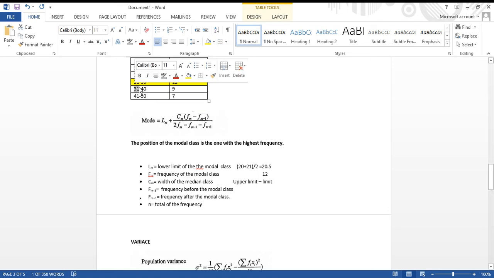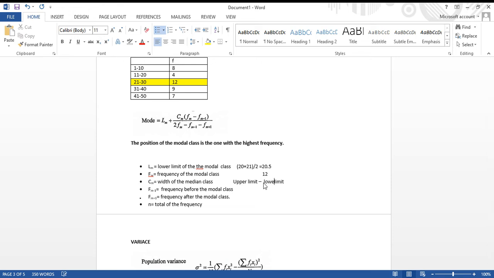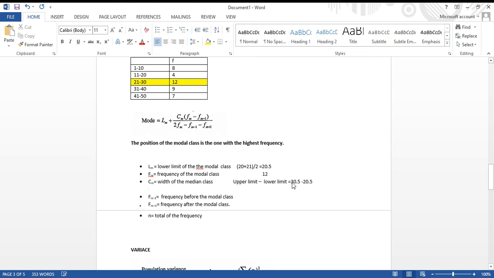So 30 plus 31 is 61, divided by 2 is 30.5. So it's going to be our upper limit minus our lower limit, 30.5 minus 20.5, and our class width is 10.